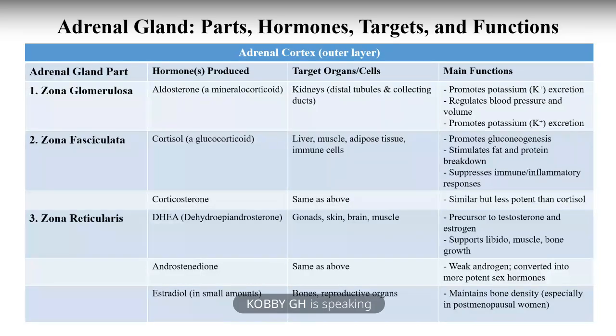So nobody has to tell you. If you are reading a textbook and they tell you that aldosterone promotes potassium excretion, don't go and say that you didn't see it help with sodium absorption. It's the same. Anytime potassium is being excreted, automatically sodium will be reabsorbed.